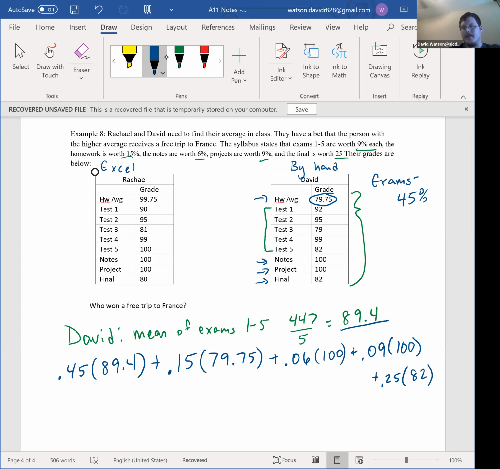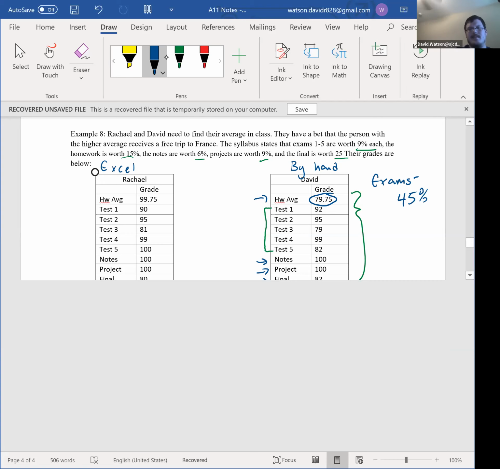All right, so if you put this long thing into your calculator, like I am doing right now, then you will get 87.6925, and usually our grades are rounded to the nearest hundredth.